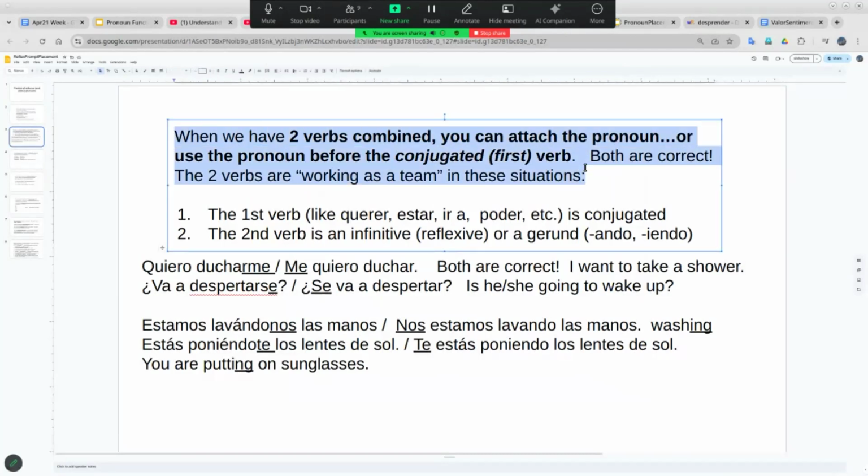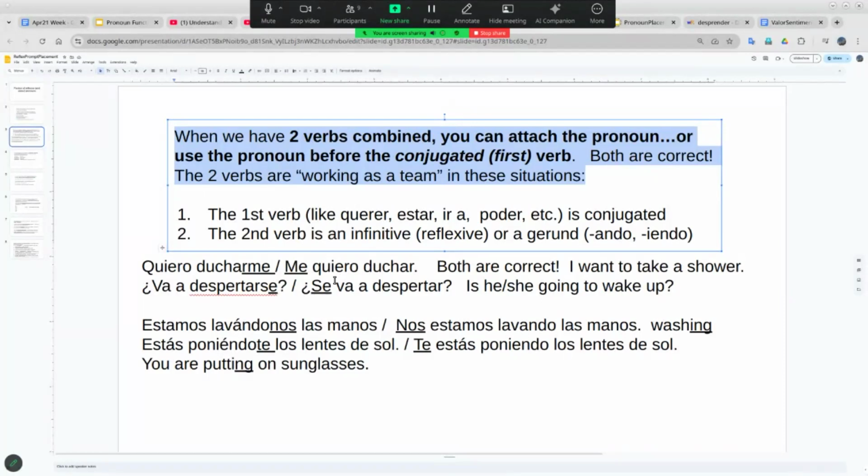You get a choice of where the pronoun can go. You can attach the pronoun to the end of the verb, or you can put the pronoun in front of the verb just like usual. Okay? And both of them are correct.